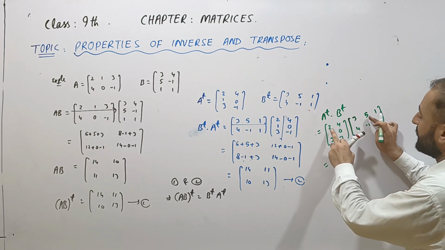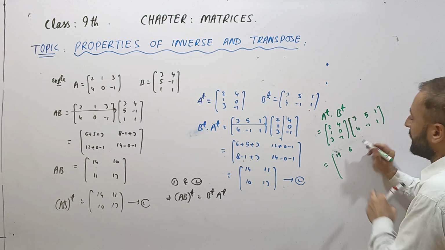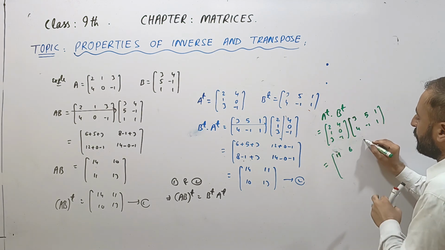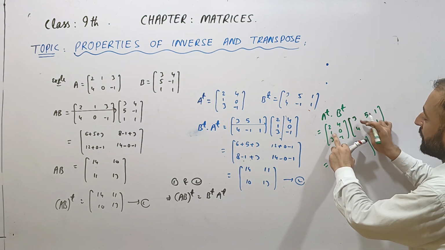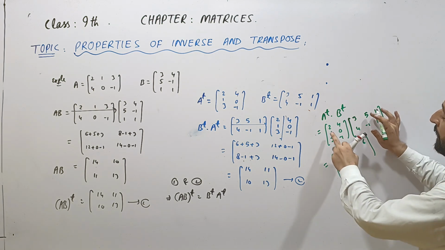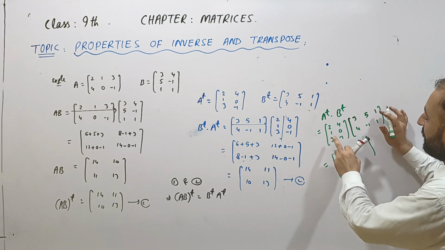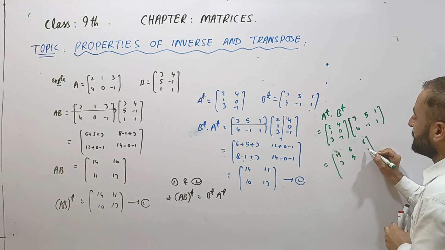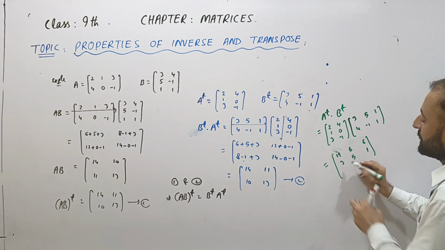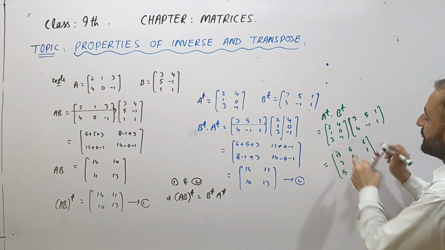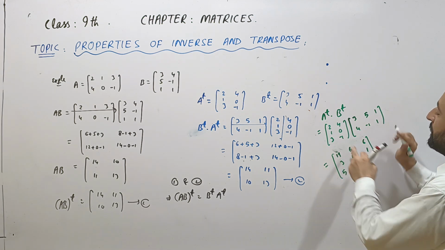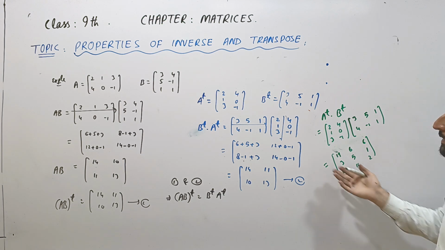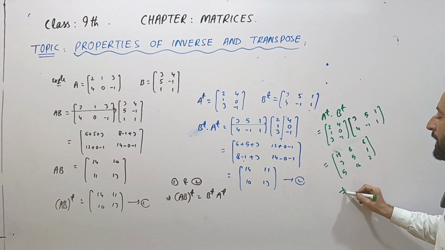First row, second column: 10 minus 4, 26. This one, 2 plus 4, 6. Now second row, first column, 3 plus 0 is 3. 5 minus 0 is 5. 1 plus 0 is 1. 9 minus 4 is 5. 15 plus 1 is 16. 3 minus 1 is 2. And it is clearly not equal to (AB) whole transpose.